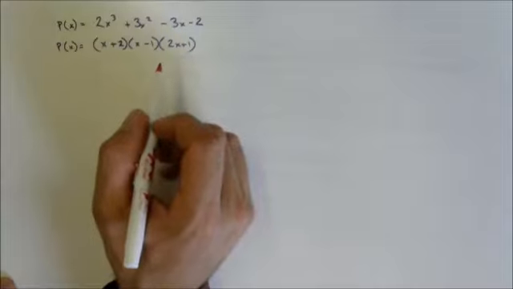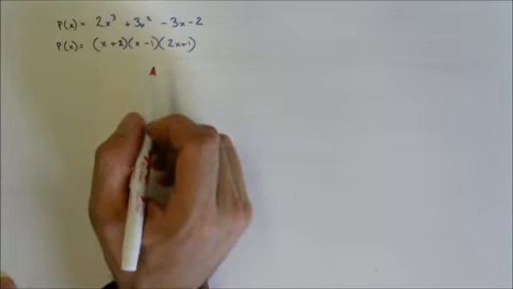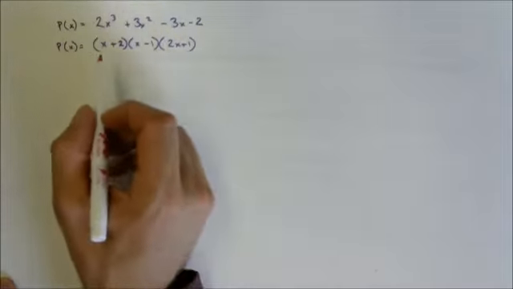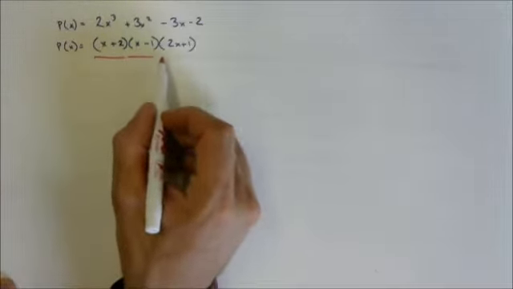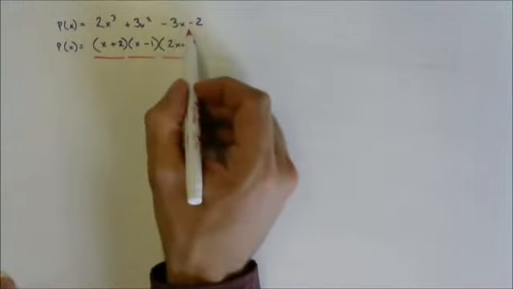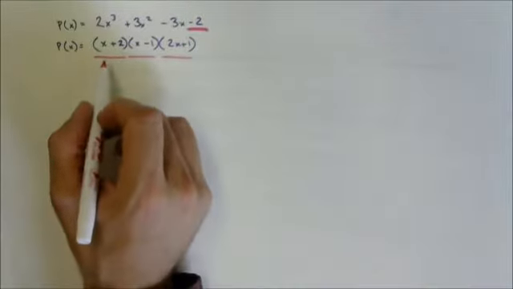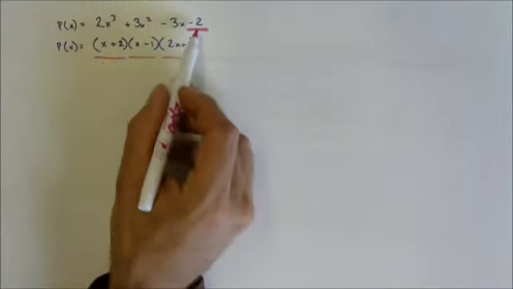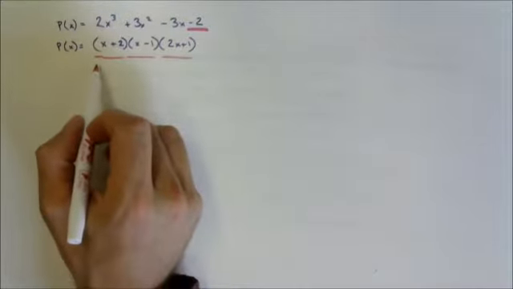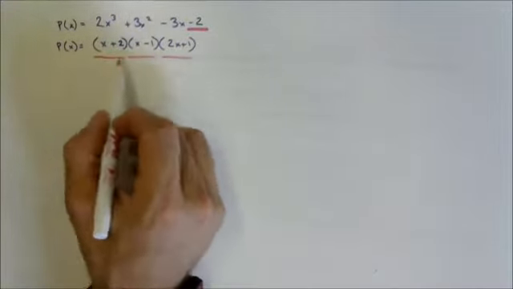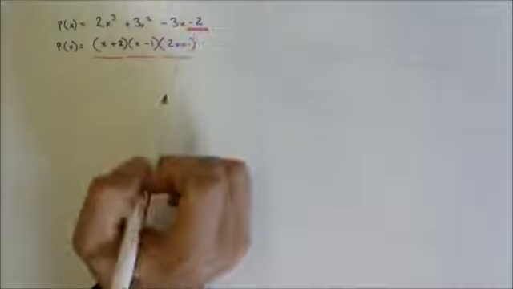Is there any relationship between the zeros, the factors of p of x, and the constant term of p of x? What is the relationship between the factors and the constant term? Any relationship between these 3 factors together and the constant term?